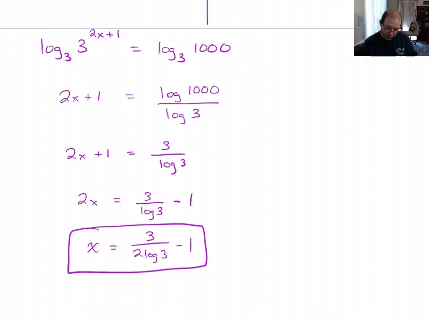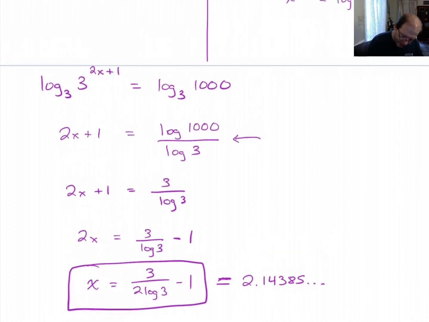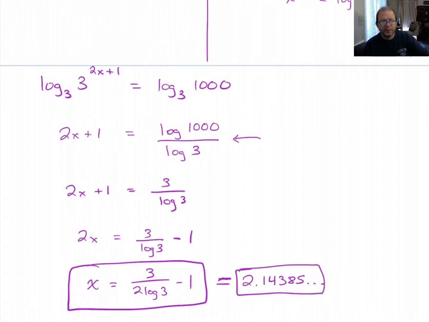So I get 2.14385. Another thing I could have done is I could have just evaluated the log up here and then subtracted 1 from it and divided by 2. But at any rate, either way you do it, this is how you get the solution.